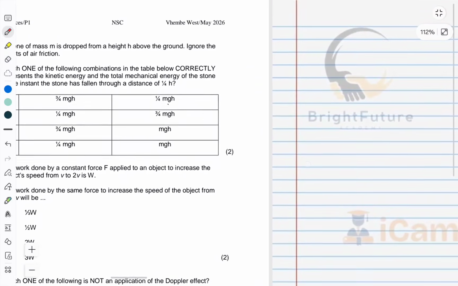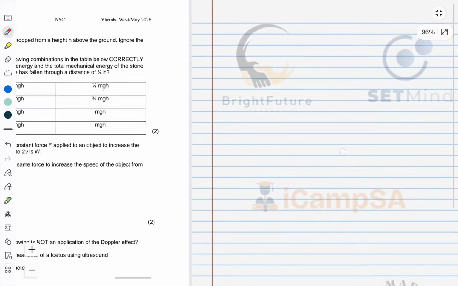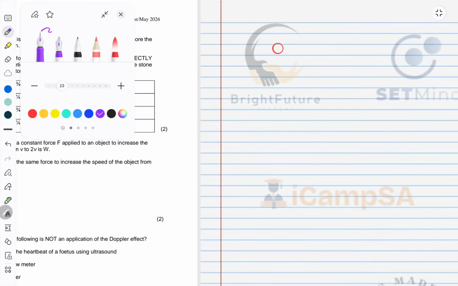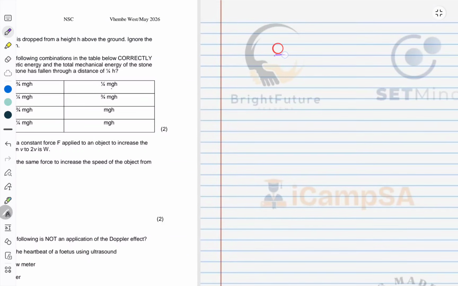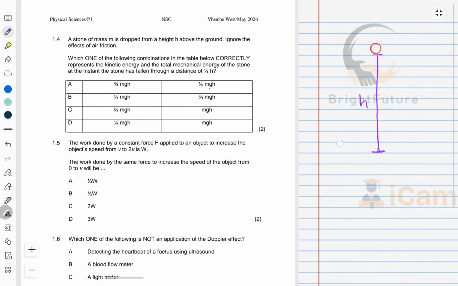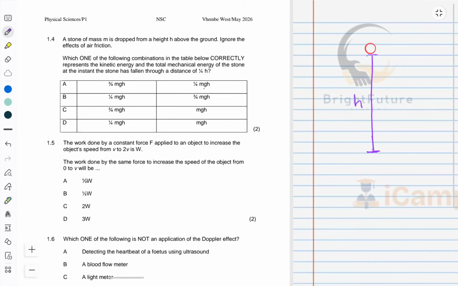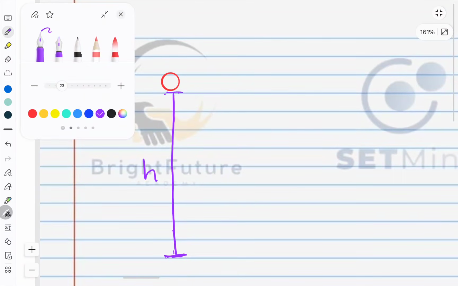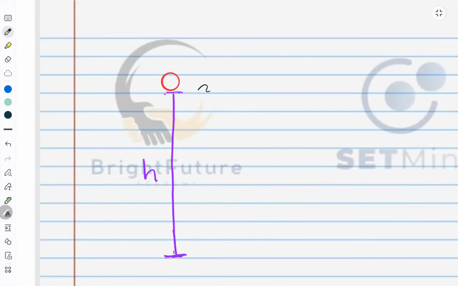Okay, so what I want us to do is we can think about it like this. So we have a stone, right? This stone is dropped from this height of h. Now, we are being asked what is the kinetic energy and the total mechanical energy when the stone has fallen a quarter, not 0.25, of this height.